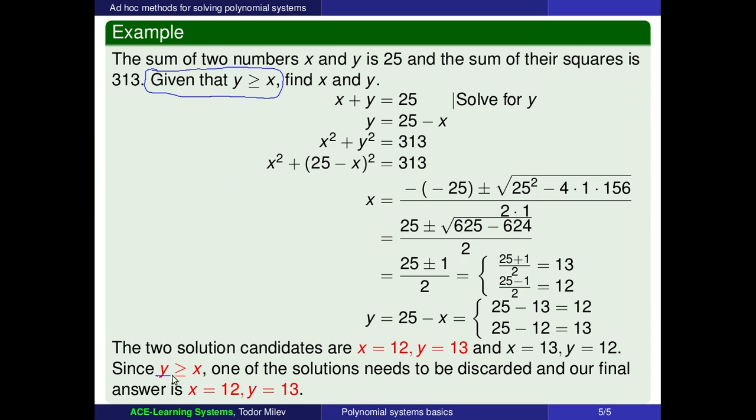So since y is greater than or equal to x, one of these two solutions needs to be discarded. Right? So this solution here is to be discarded because for this solution x is greater than y rather than the other way around. So the only remaining solution is x equal to 12, y equal to 13. And that is our final answer.